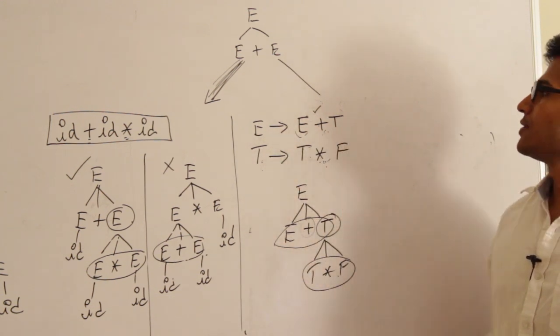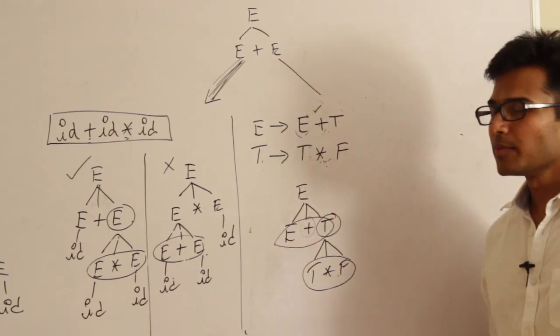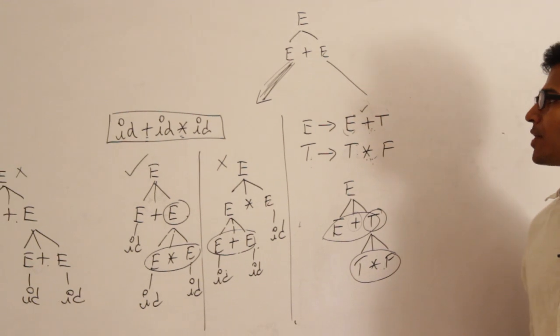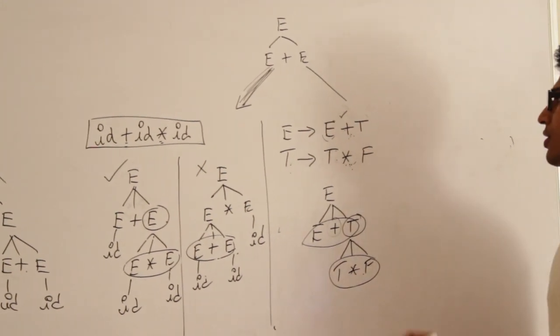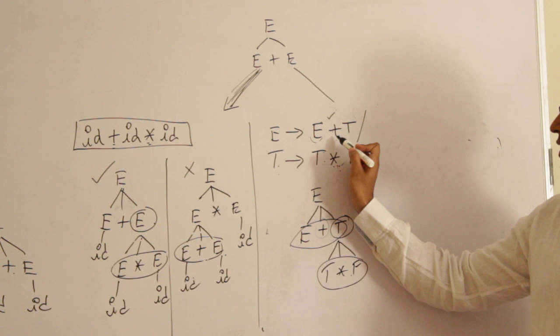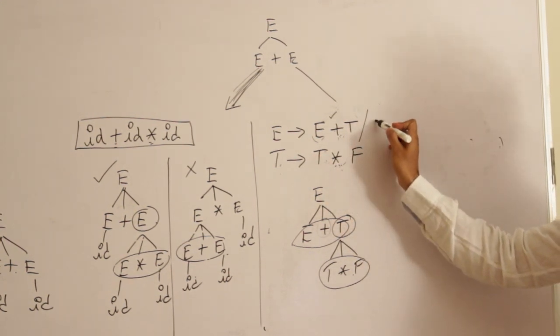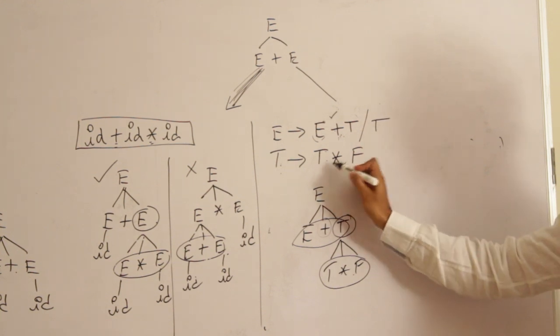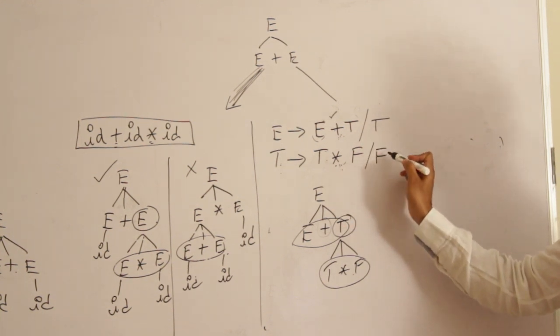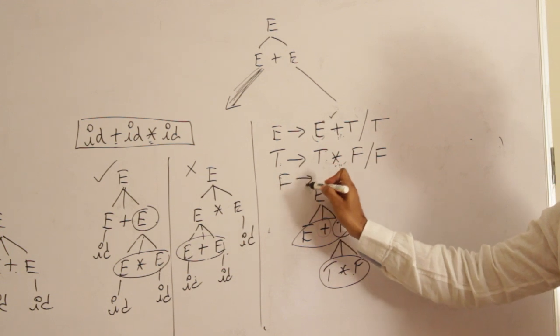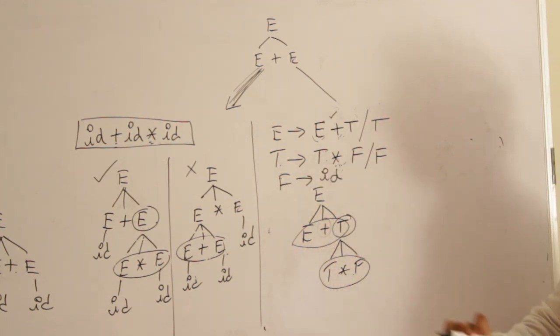Now if I write the grammar like this, it is right, but there is a small problem here. What if the expression does not contain any plus at all? Therefore, to bypass the plus level and directly go to star, I am going to write E derives E plus T or T, and T derives T star F or F, and F derives ID. Why?